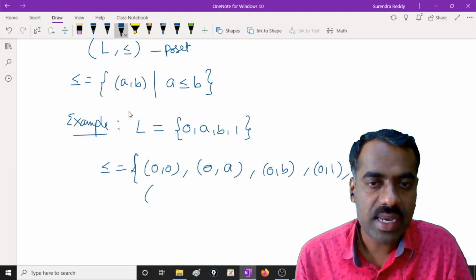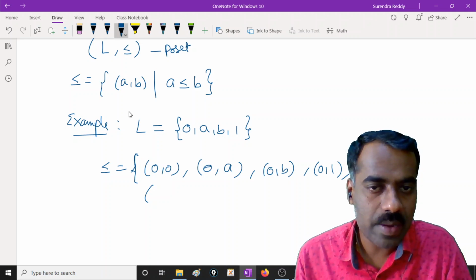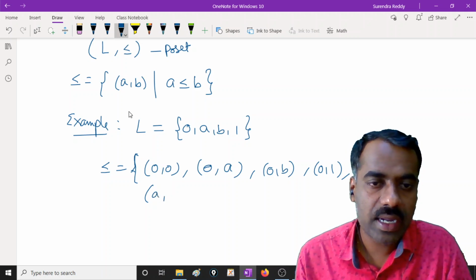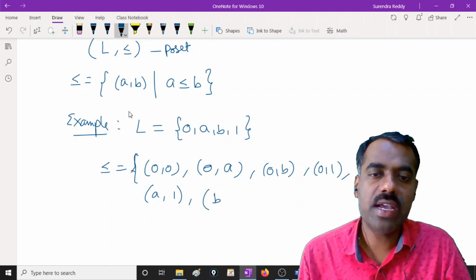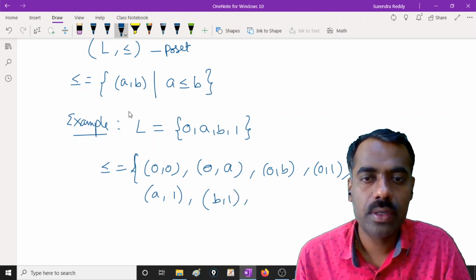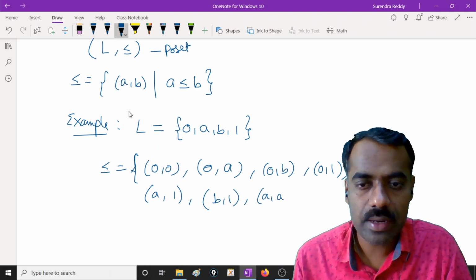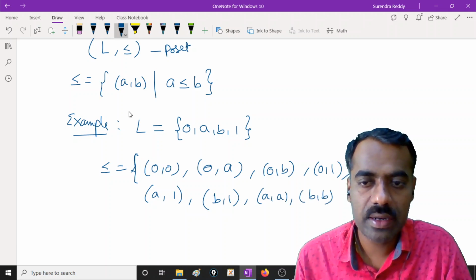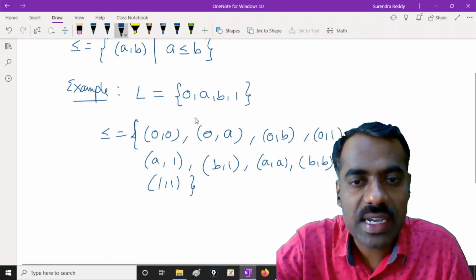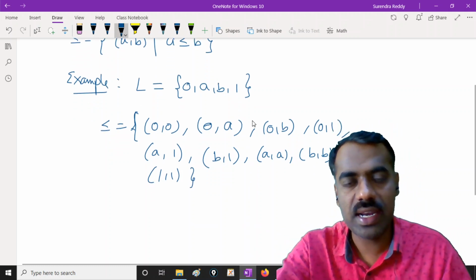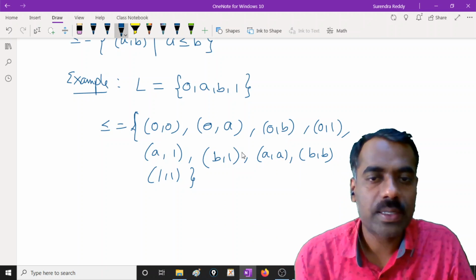And there is no relation between a and b, but a comma 1 is there, and b comma 1 is also there. Of course, a comma a, b comma b and 1 comma 1 will be there. These are the elements, right?